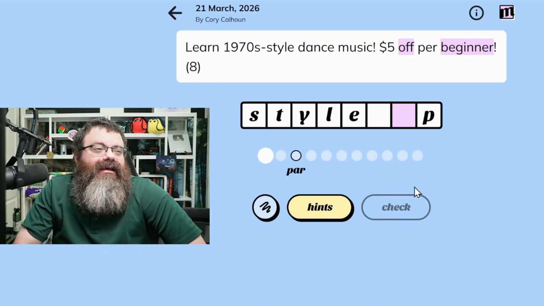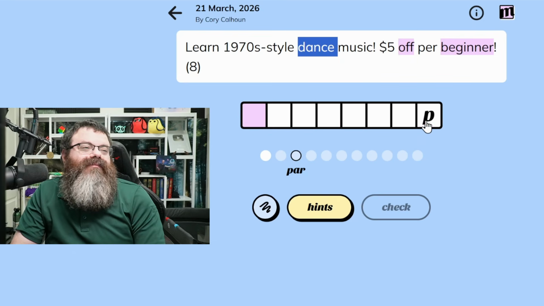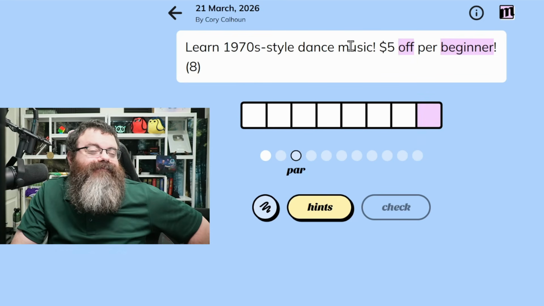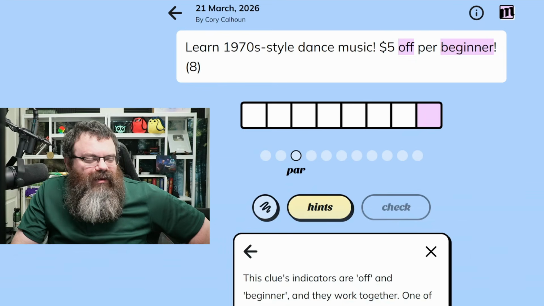I'm not going to read it. Okay, so dance is not an anagram indicator. Off is an indicator, beginner is an indicator. Let's just confirm, but I'm assuming off is deleting and beginner is taking the first letter. One of them is a deletion indicator, guiding us to remove something from another fodder. The other is a selection indicator telling us which letter to remove from that fodder.